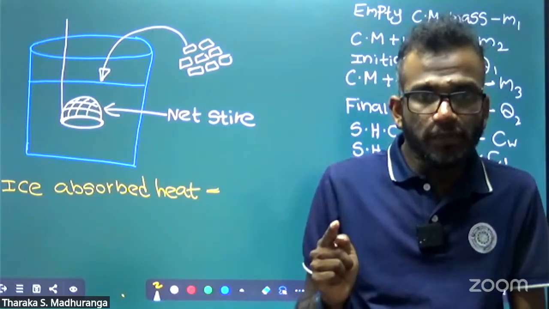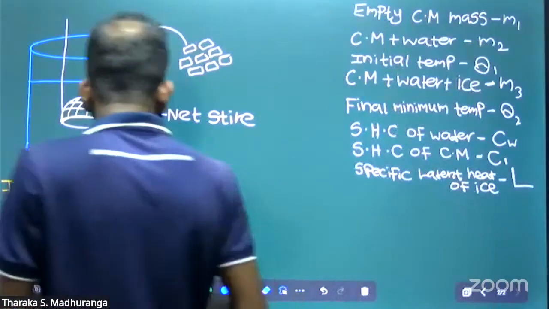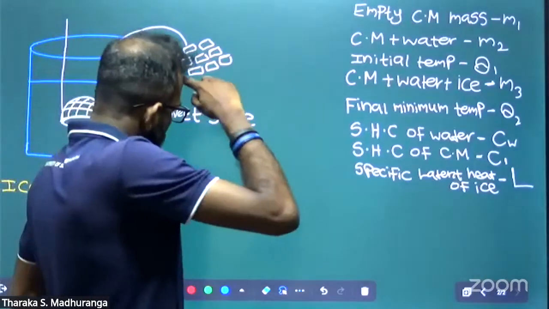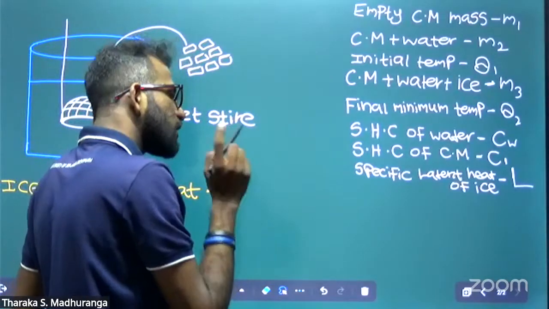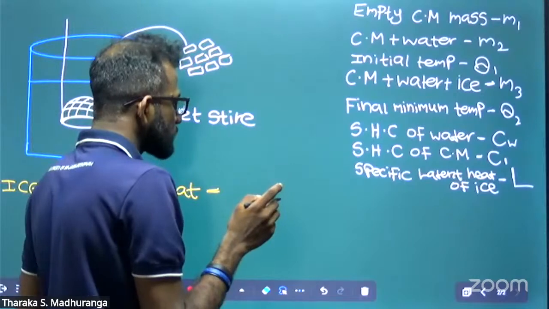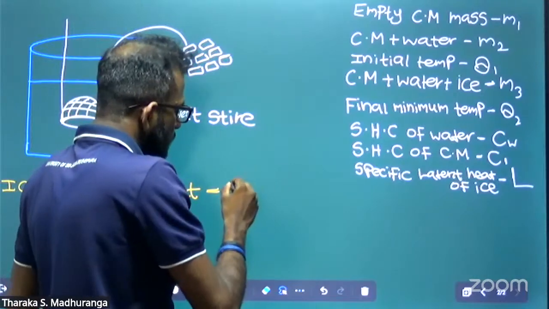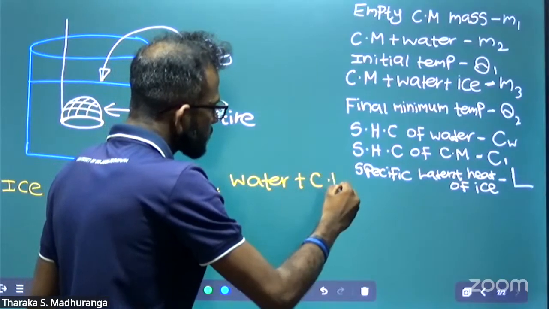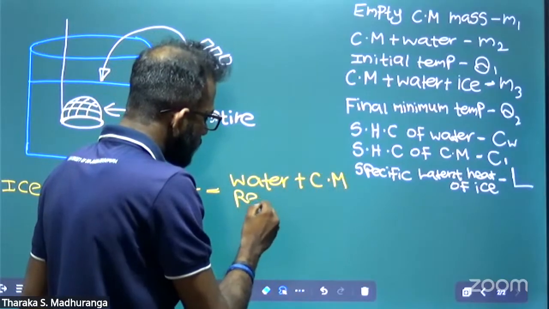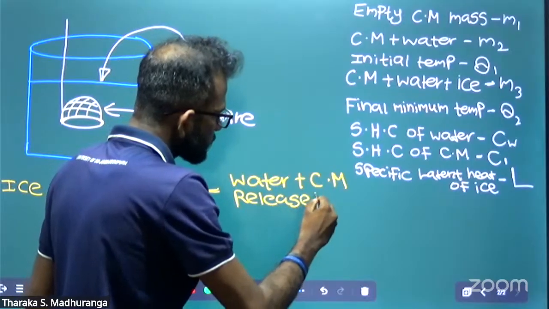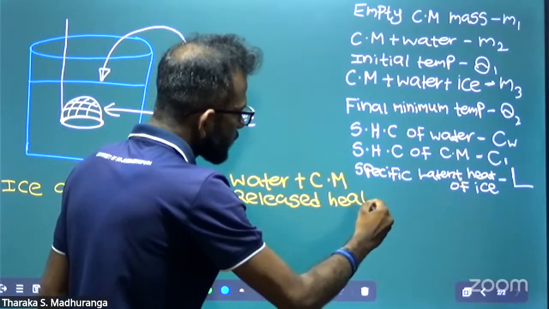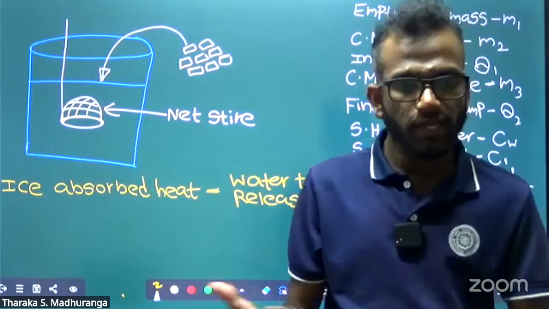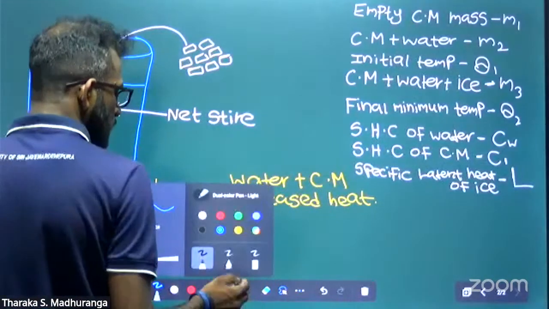The heat absorbed by the ice is equal to the heat released by the water plus calorimeter. In this experiment also we consider there is no heat loss. Simple.